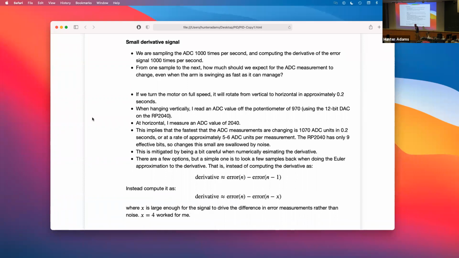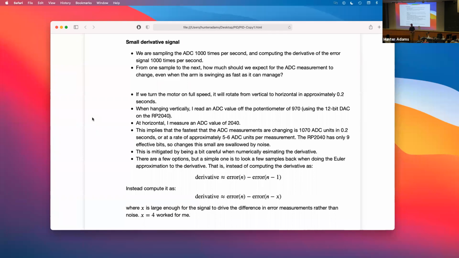What's the ADC measurement here? And how fast can it go from here to here? And then we do a little unit conversion to ADC units and figure out, okay, so how many ADC units do we expect for it to change from one sample to the next? And what you'll find is for a 10-bit ADC, and at the speeds that this arm will go, maybe like 2 units is the fastest that you'll expect for it to change. 2 units on a 10-bit ADC, that's basically just noise.